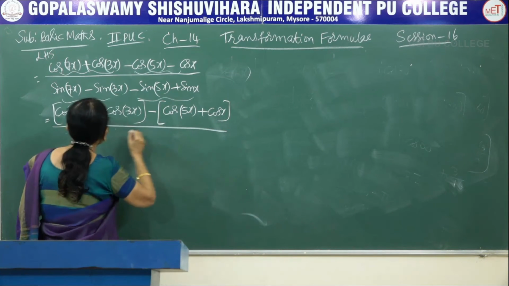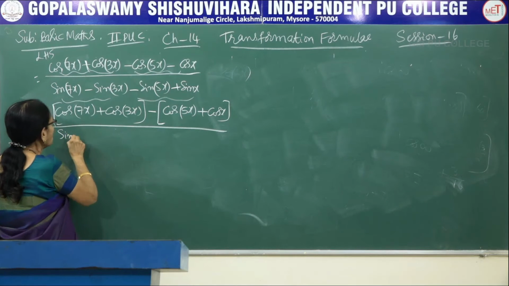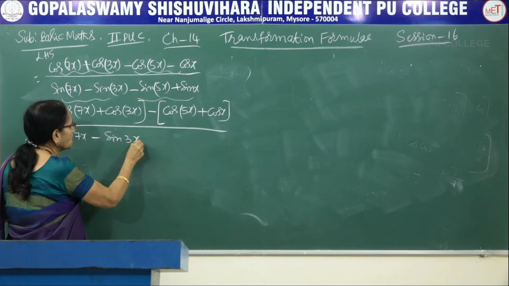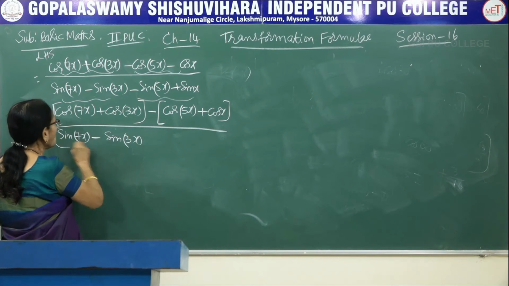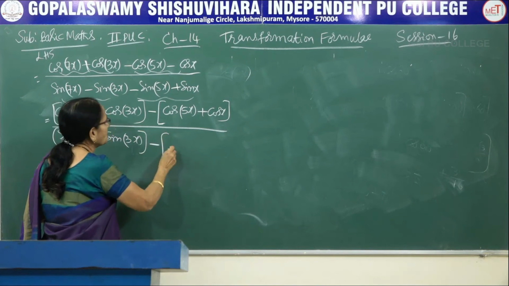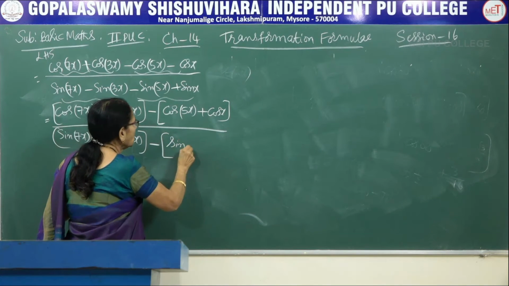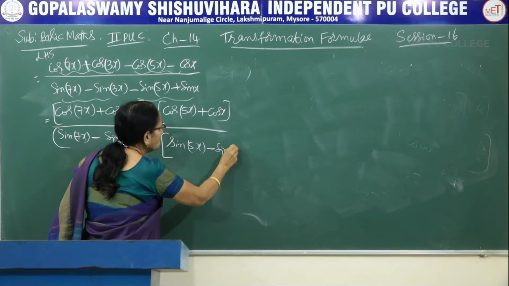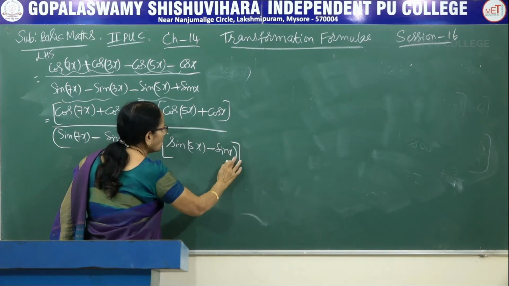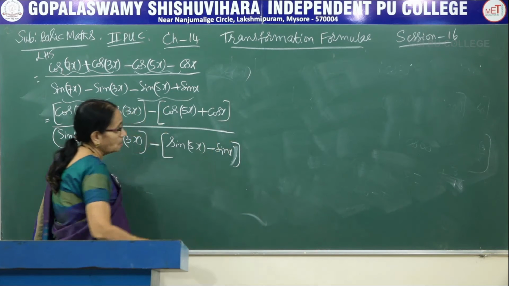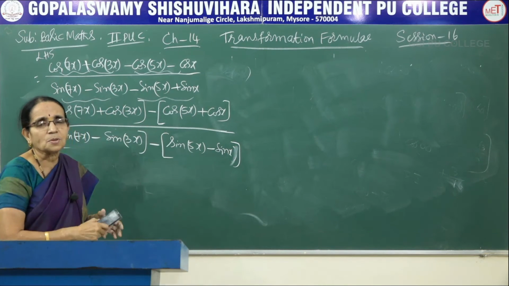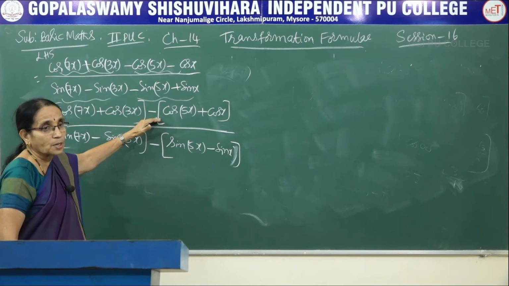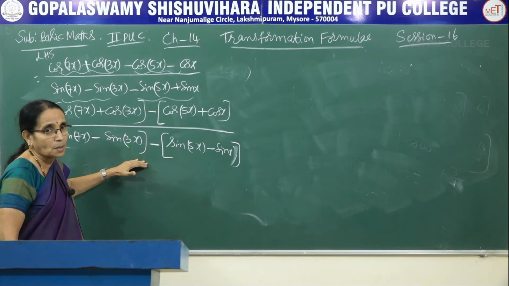Same procedure for the denominator also. Sin 7x minus sin of 3x. Now again taking out the minus sign, that would be equal to sin 5x minus sin x. See, in this problem, they have given the terms in such a way that you will get cos of 2x as a common factor here and sin 2x from here.